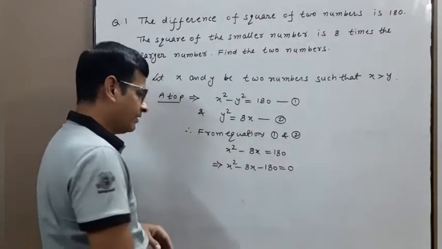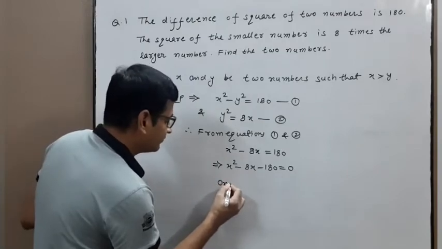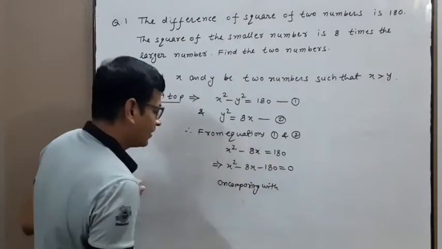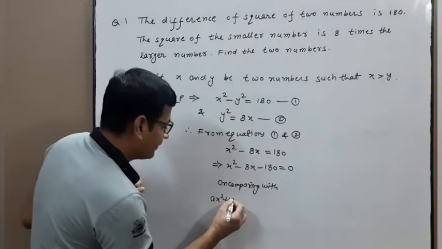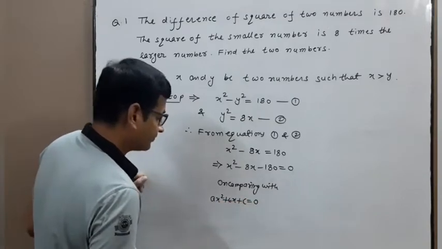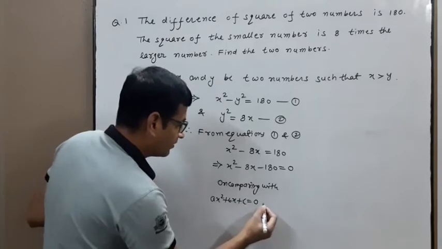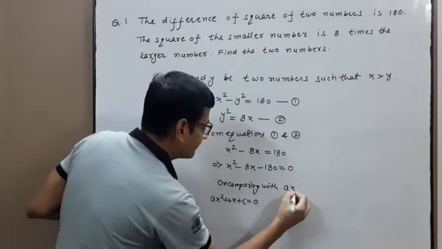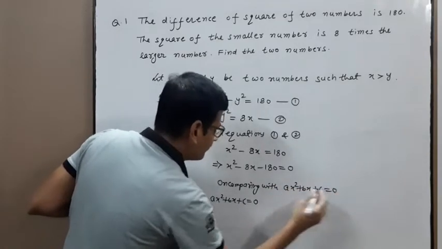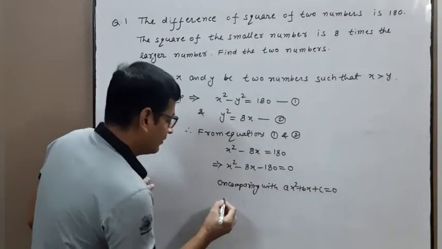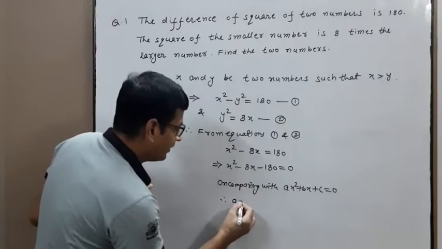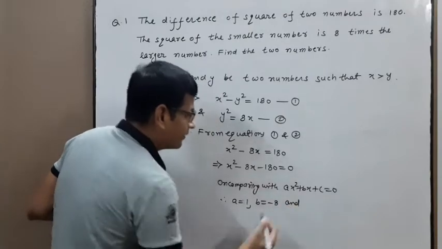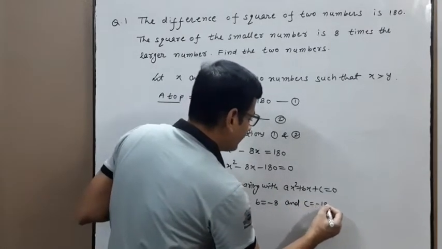This time we use the quadratic formula. On comparing with ax square plus bx plus c equals 0, we get a equals 1, b equals minus 8 and c equals minus 180.